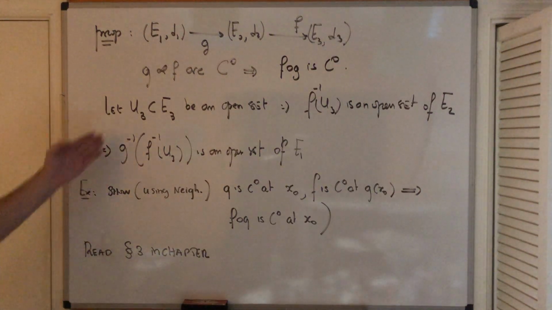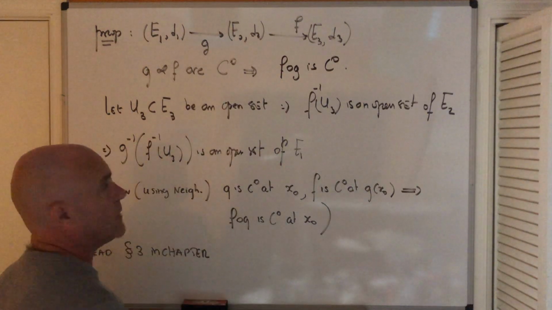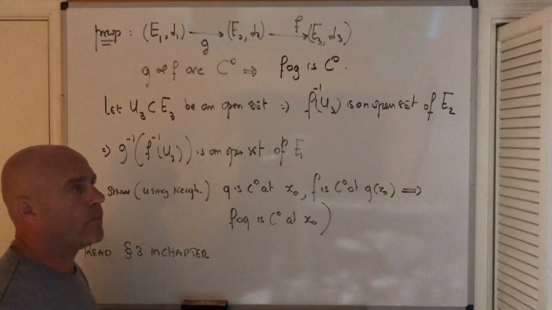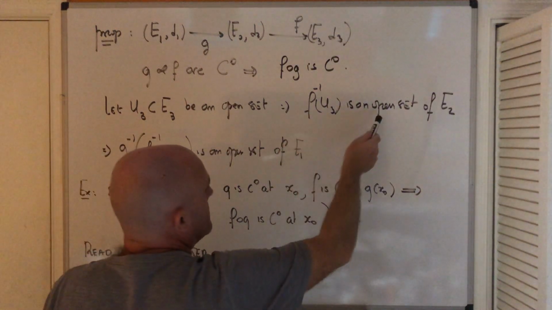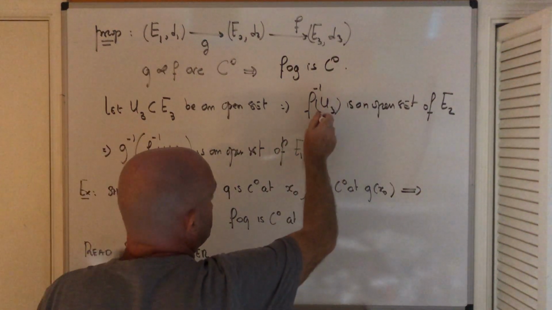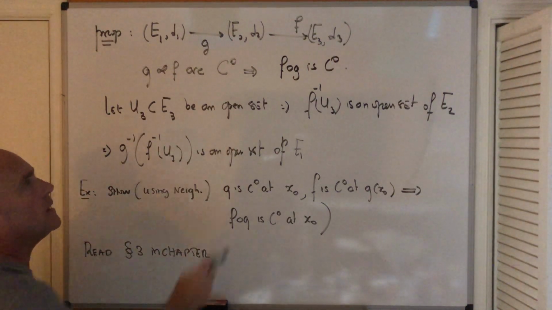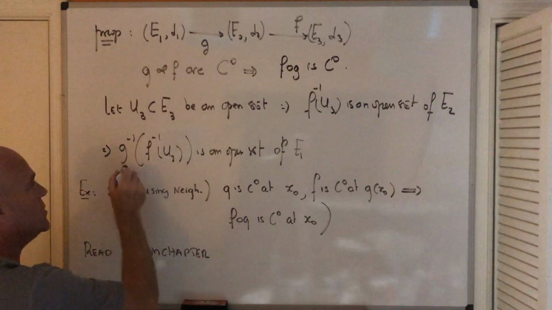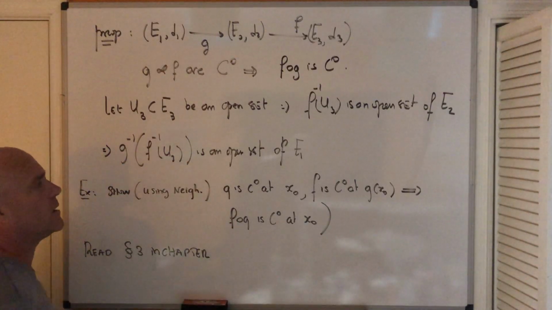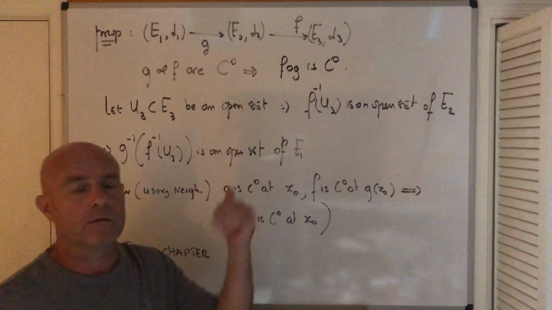We just have to take an open set, take the preimage by f. It's still an open set because f is continuous. Since f is continuous, f minus 1 of U3 is again an open set of E2. Take the preimage under g of that set, so g minus 1 of f minus 1 of U3. And it's an open set of E1 because g is continuous.